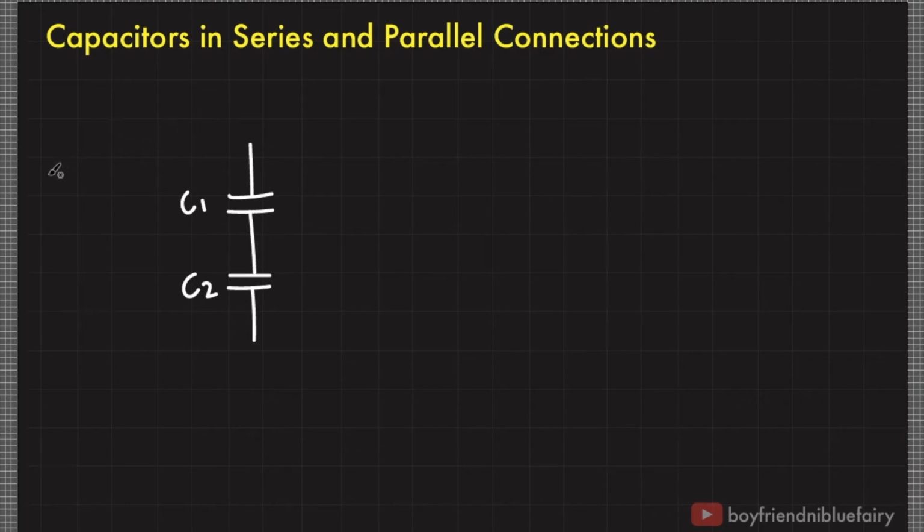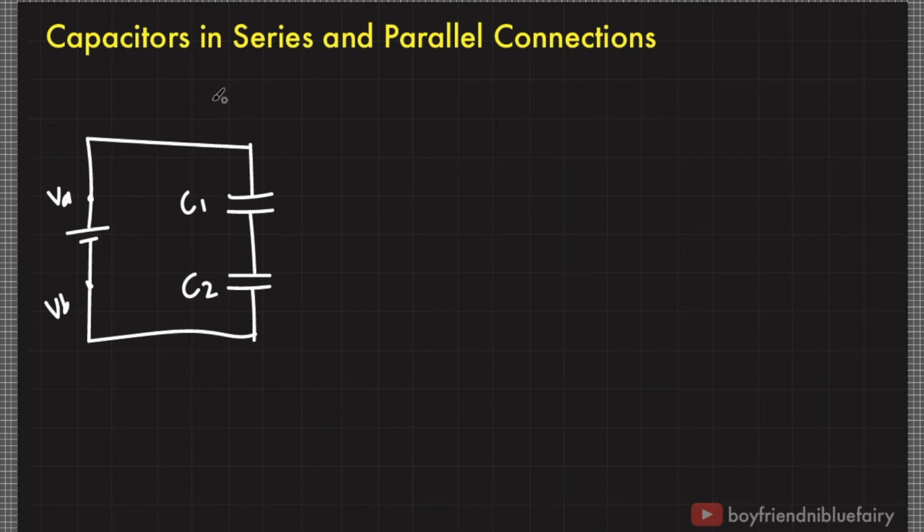For example, if I connect this to a power supply, let's assume that the potential here is V sub A due to the battery, and here V sub B. So the potential difference between these two points is V sub AB. We would like to calculate the equivalent capacitance of the two capacitors so that we could simplify the circuit like this.